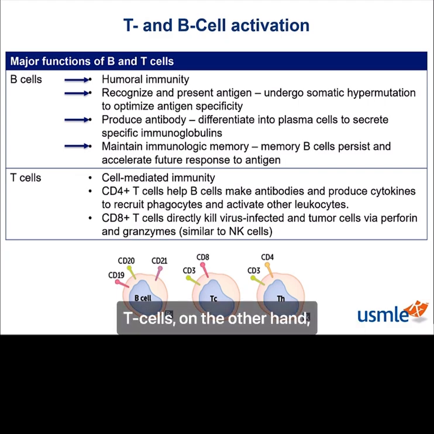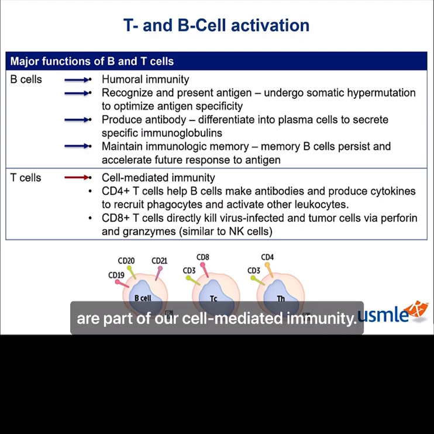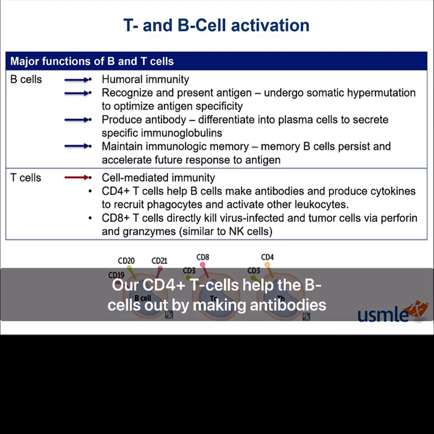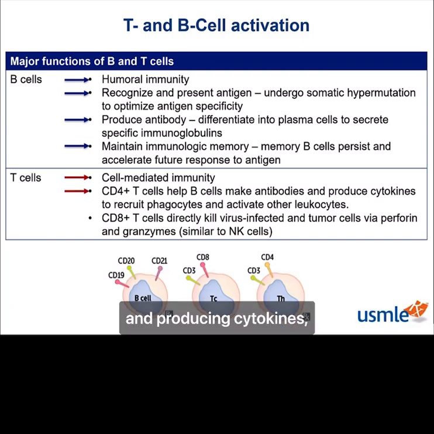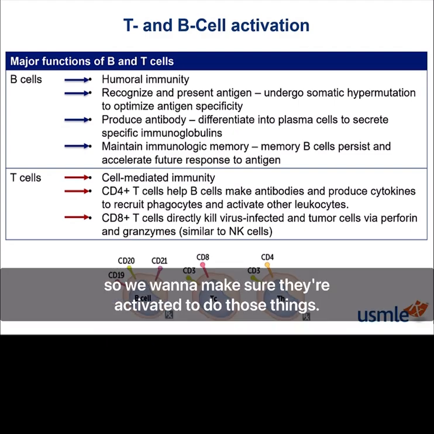T cells, on the other hand, are part of our cell-mediated immunity. Our CD4 positive T cells help the B cells out by making antibodies and producing cytokines, while our CD8 positive T cells directly kill with perforin and granzyme. Those are pretty important roles, so we want to make sure they're activated to do those things.